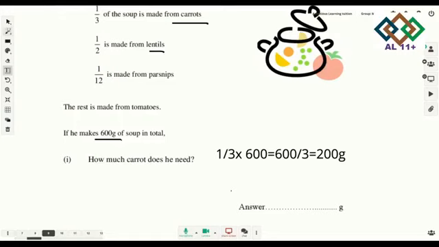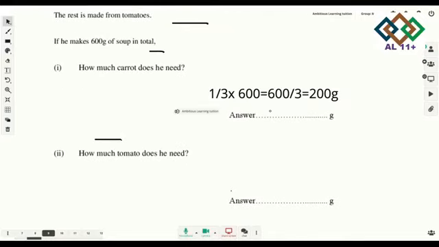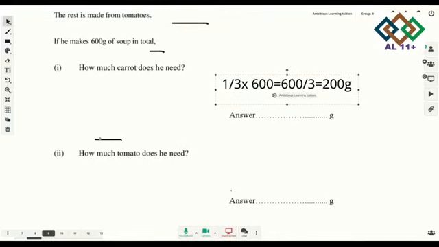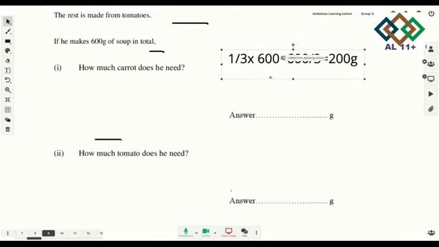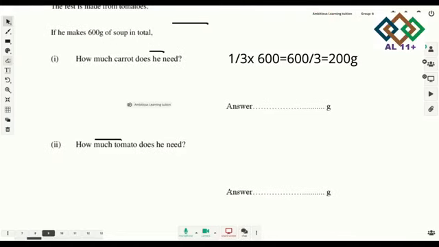So let's see the second one, what they're asking. How much tomato does she use? So how would you find the tomato in this one? So let's find the tomato.